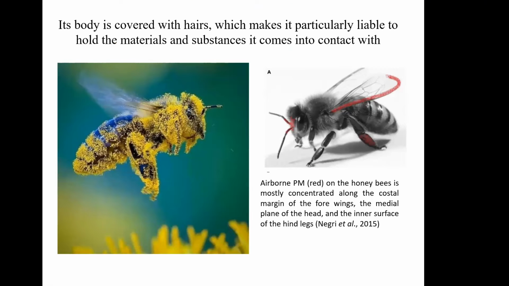Also, honeybees have lots of hairs over their body that allow them to collect pollen, but also to intercept other particles, as some studies have reported. We report here a study of 2015. So they can intercept a lot of things of the environment.